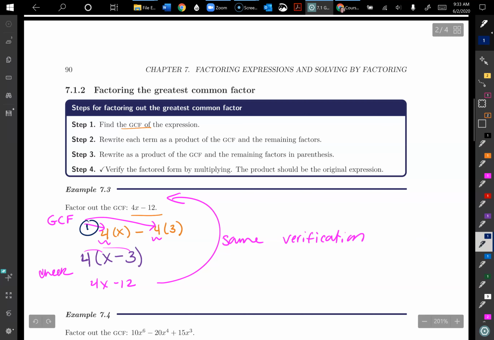And then rewriting it as a product, which I kind of did all at the same place. And then step 3, write it as a product of the GCF and the remaining factors in parentheses. So make sure you keep your signs, or your operation symbol, I should say, intact. And then this is the verification here, step 4.